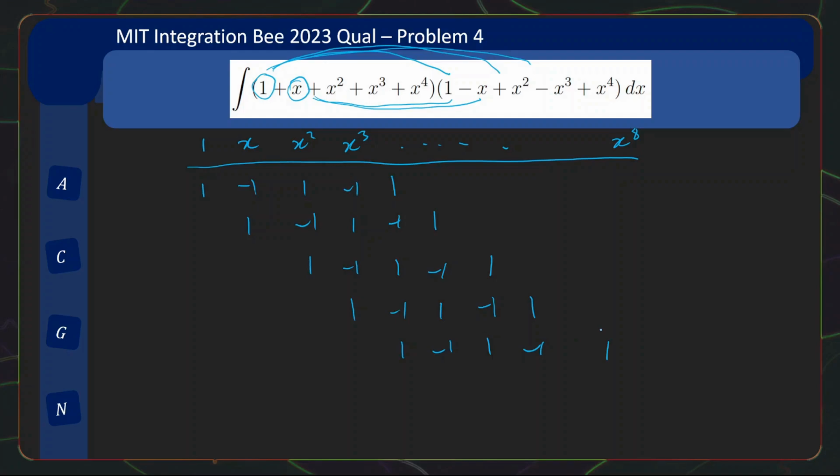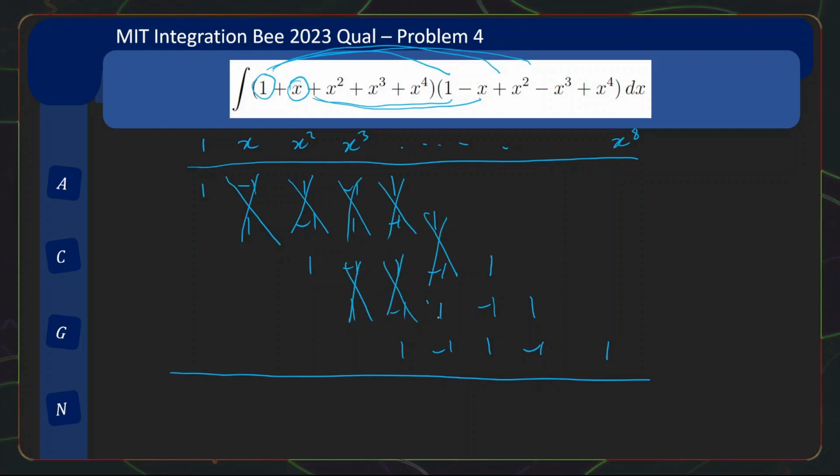And then you can very easily find the sum, because this minus 1 and 1 cancels, this cancels, all this cancels out each other. So what you are eventually left with is very simply just 1 plus x squared plus x to the 4 plus x to the 6 plus x to the 8.